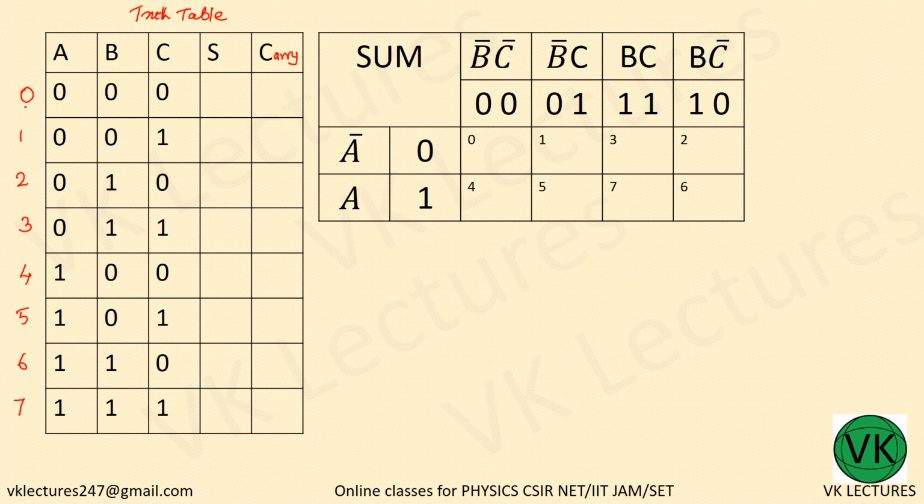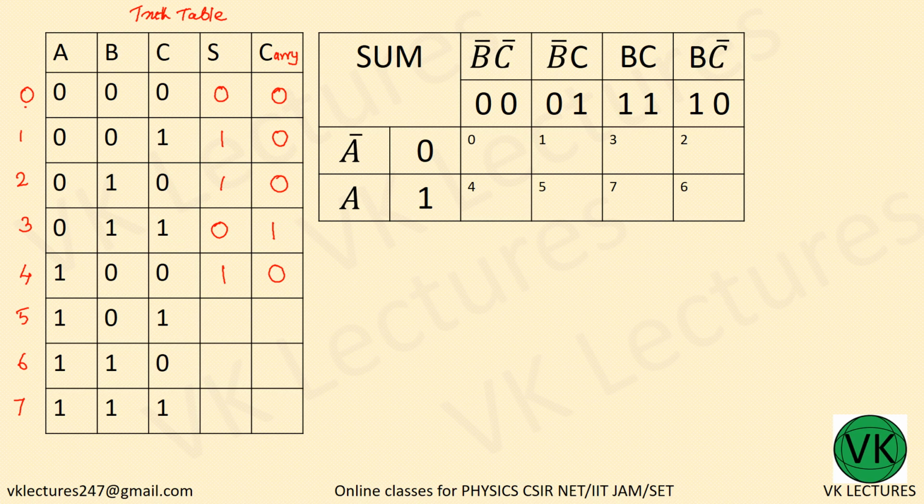If I add 0, 0, 0, the sum is 0 and there is no carry. For 0, 0, 1, the sum is 1, no carry, so it is 0. For 0, 1, 0, again sum is 1, carry is 0. For 0, 1, 1, if you add 1, 1 you get 1, 0, which means carry is 1 and sum is 0. Now 1, 0, 0, sum is 1, no carry.